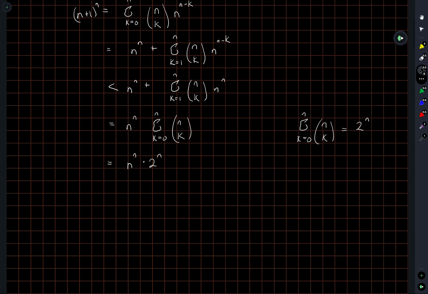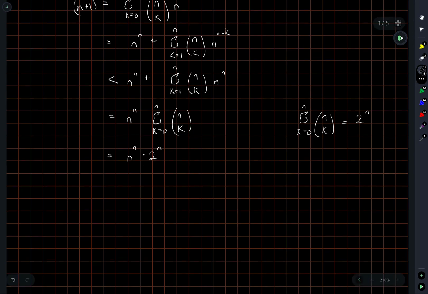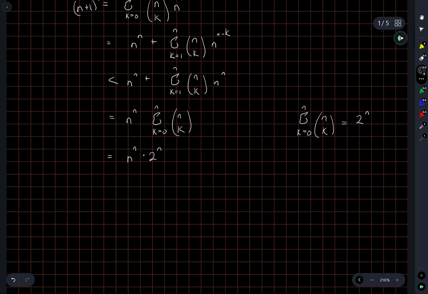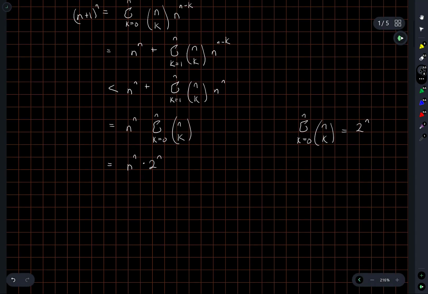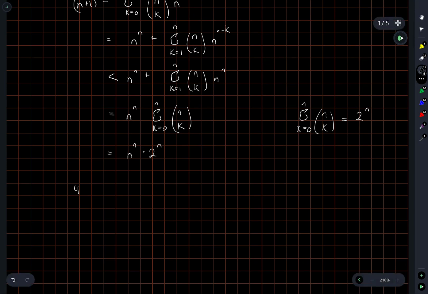I don't know if this is going to give me what I want, because I wonder, let's test whether this works for a few values of n. So again, if n is equal to, let's say 4, then I have 4 to the 5, and this thing on the right is 4 to the 4 times 2 to the 4, which I'm not sure actually will be less than 4 to the power 5.